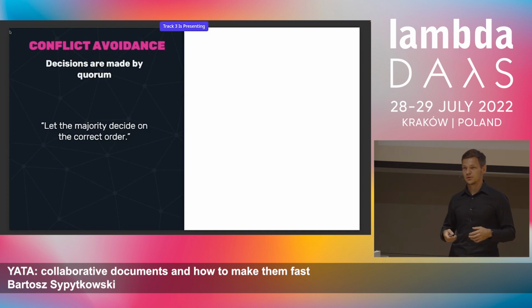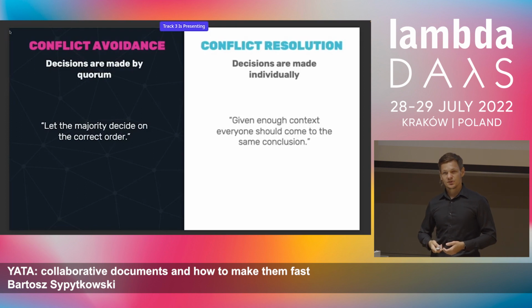So we are basically relying on a cluster of network machines, usually of odd size, where the majority of nodes is deciding either on a leader, who is giving us the correct order of events, or on the order of events by themselves. And the second approach is so-called conflict resolution.